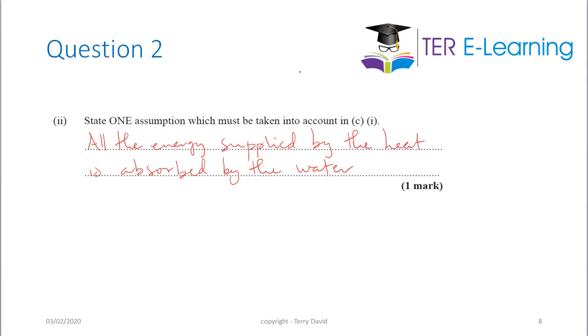We assume that all the energy supplied by the heater is absorbed by the water. In fact, what we are saying is that no heat energy is lost to the surroundings. Alright, so that's it. That's the solution to question 2.